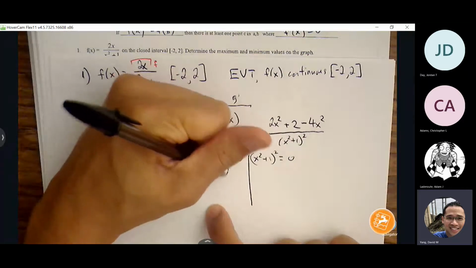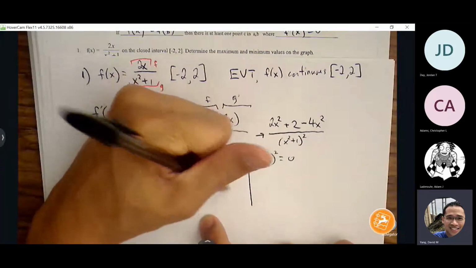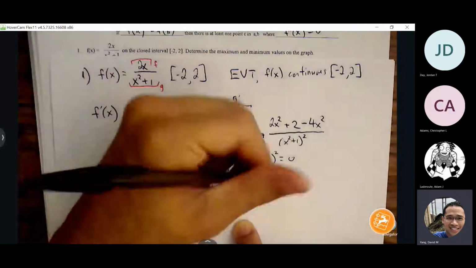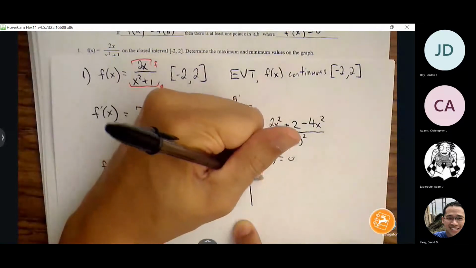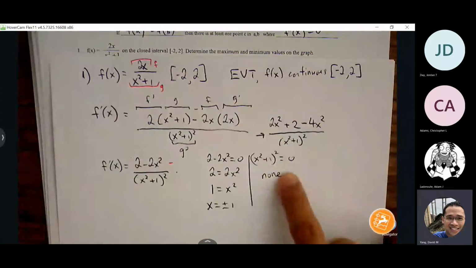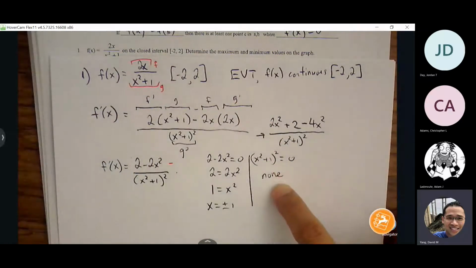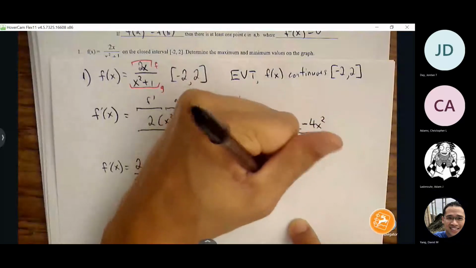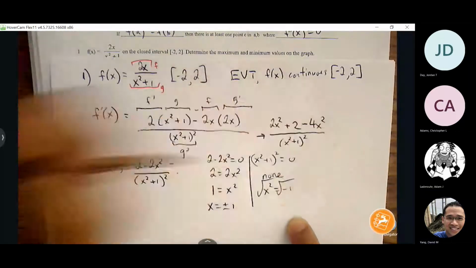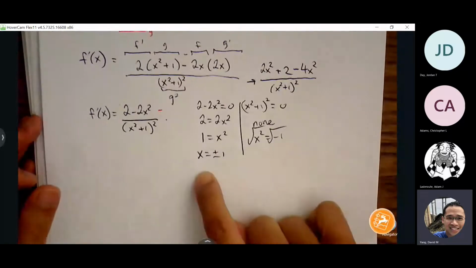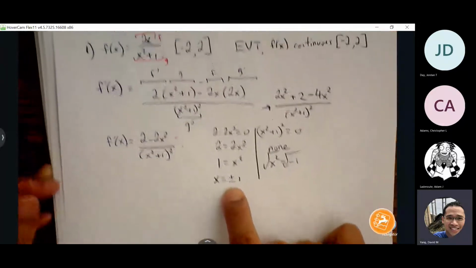We get 2 equals 2x squared, so x equals plus or minus 1. From the denominator, if we take square roots, we get x squared equals -1. No real solutions to worry about here. So just 1 and -1.